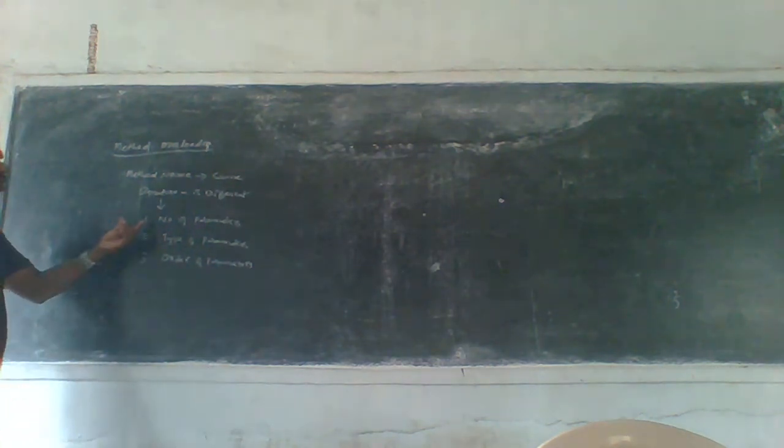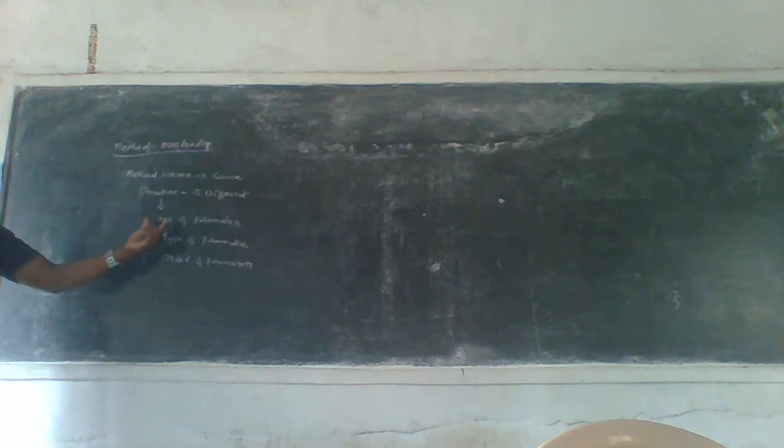Okay, so method overloading means the method name must be the same and its signature is different.